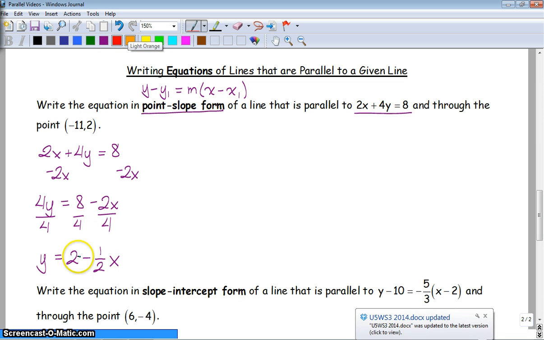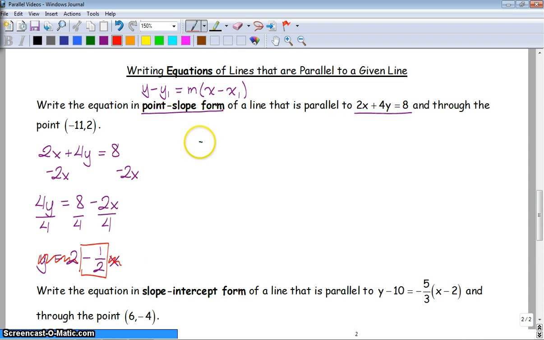From here, all I really need is the slope, the -1/2. Everything else, don't really care about. So the slope of our parallel line is -1/2. Since they're parallel, slopes are exactly the same.